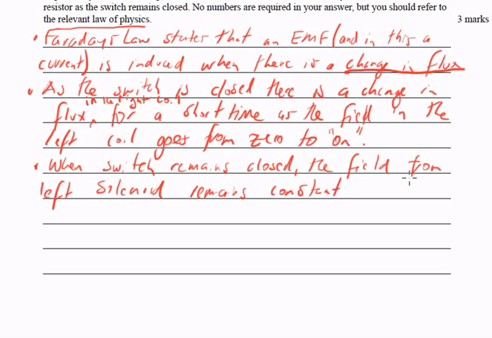And because it's constant, there's no change in flux in the other one. Therefore, no change in flux in the right coil or the right solenoid.